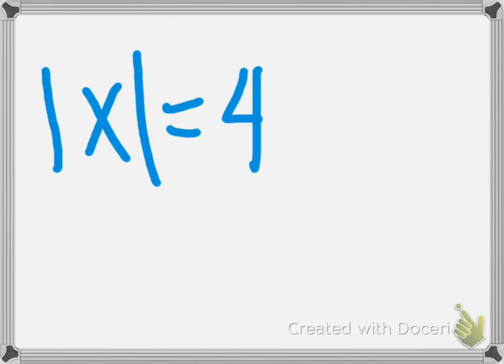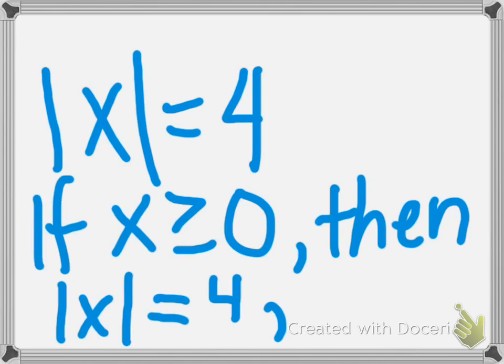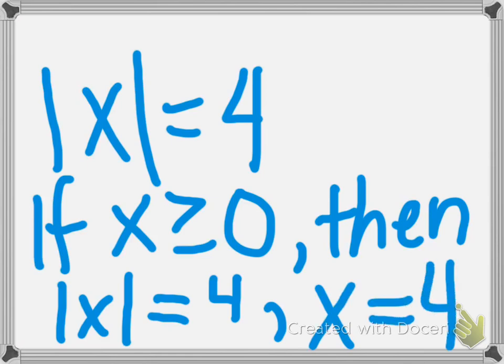Well, let's consider this equation that says the absolute value of x equals 4. We actually don't know what x is, whether it's positive or negative. So that's going to lead us to 2 possible conclusions. The first is that if x is greater than or equal to 0, then the absolute value of x equals 4 would mean that x has to be 4.